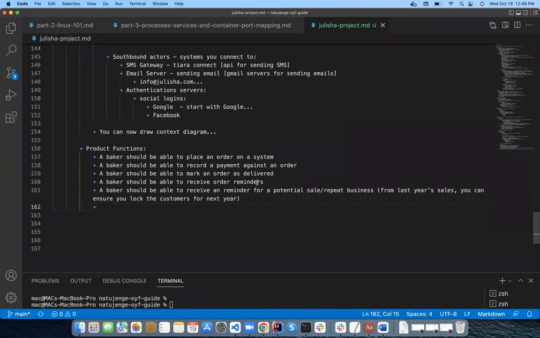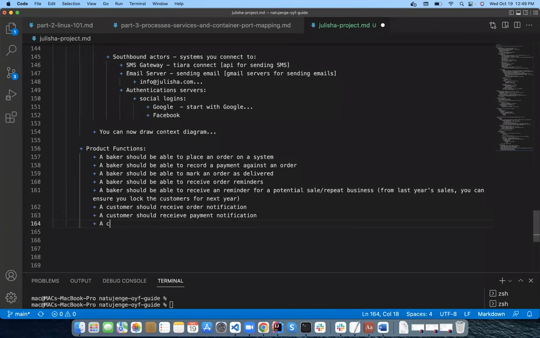So the other thing that we should be able, a customer should receive order notification. When they place an order, we can send a notification to the customer. A customer should receive payment notification.